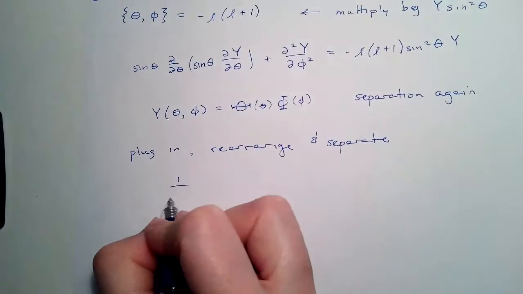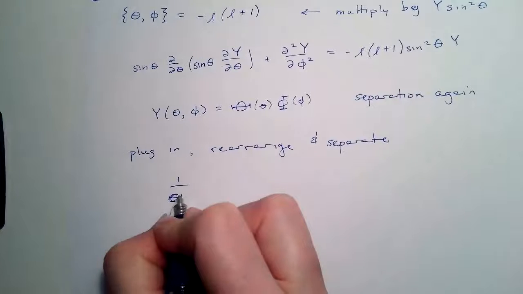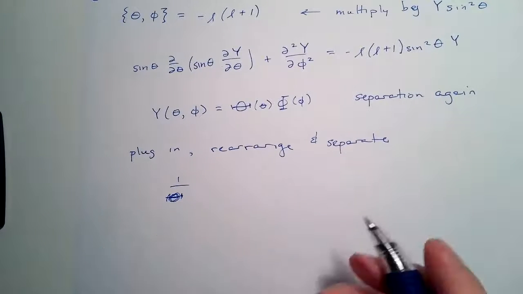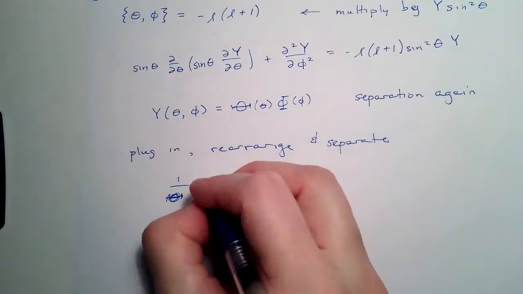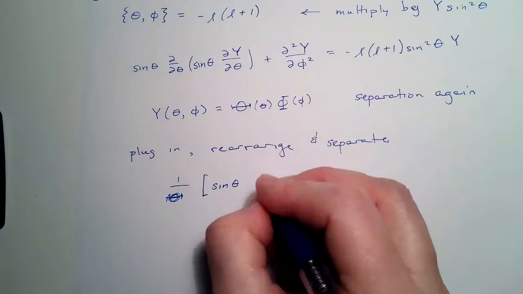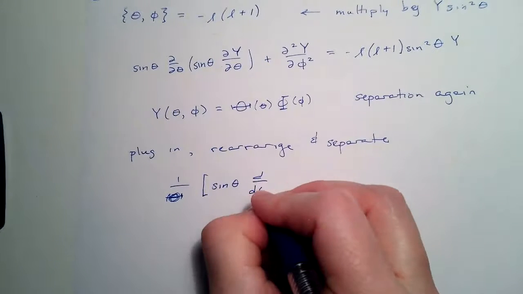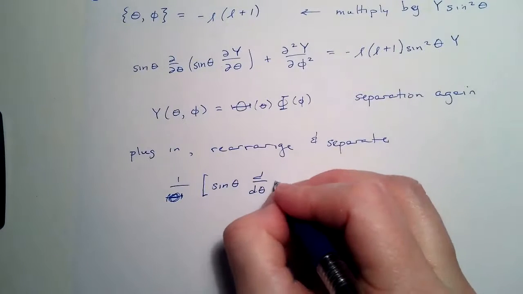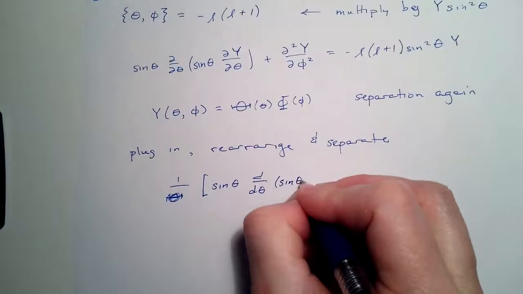All right, so when I do that, I have my function, again trying to distinguish my function from my variable. I have sine of my variable. We can go to ordinary derivatives since we're separating.